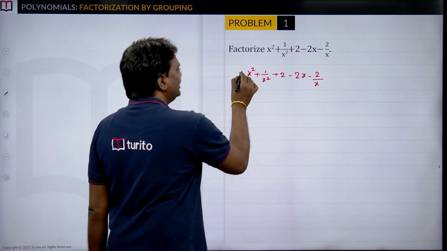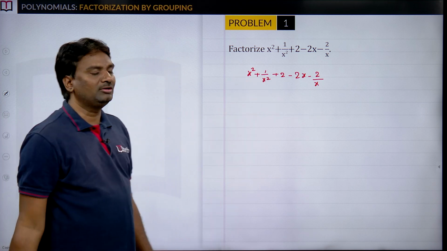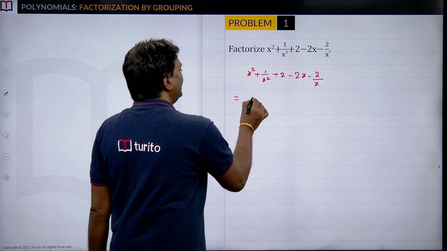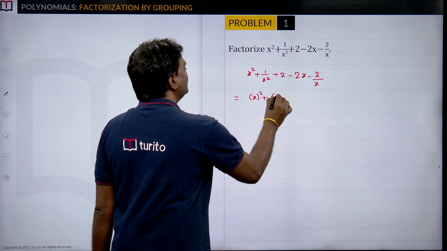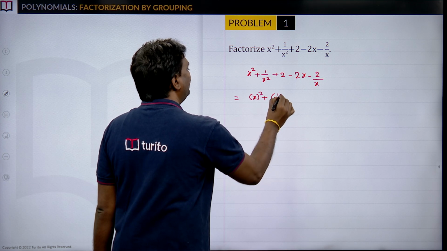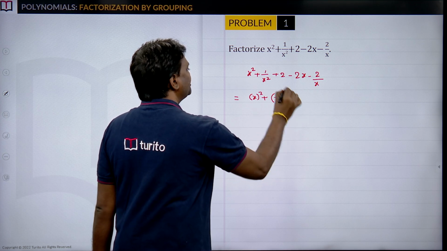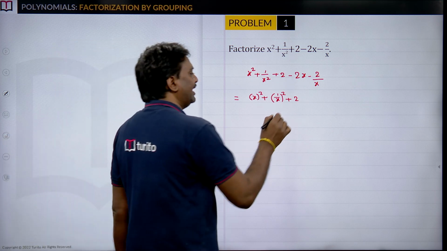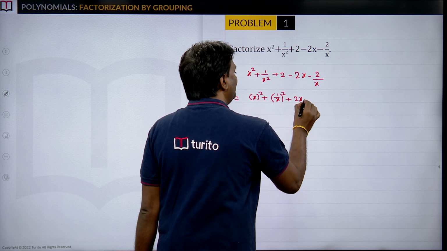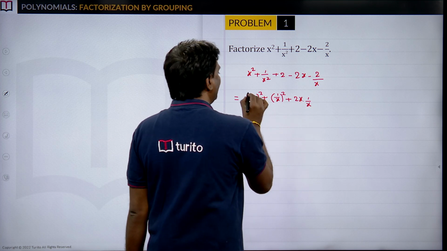So, if you consider the first 3 terms as one group, so here we can write x square plus 1 by x square can be written as 1 by x whole square plus 2. 2 is there. By dividing and multiplying by x, we can write 2 into x into 1 by x.